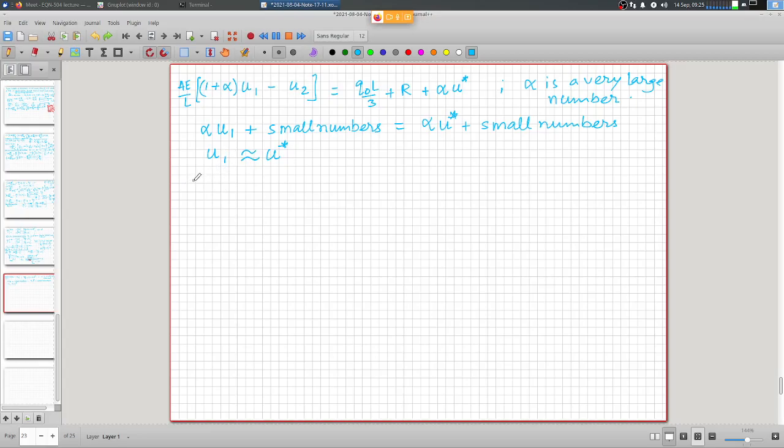So what we do is divide the domain. The domain is, of course, so we divide this entire domain into two elements.